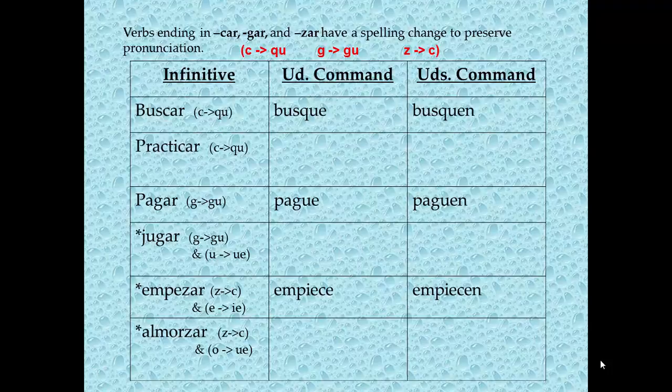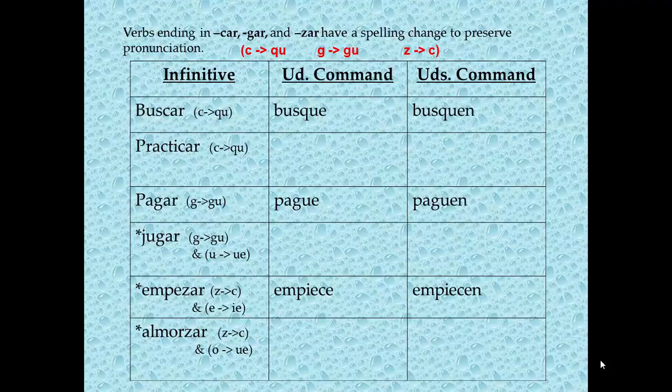Empezar is a boot verb and a zar verb, so that Z is going to change to the C in the yo form. Empiezo, take off the O, then the Z changes to a C. Empiece, empiecen.